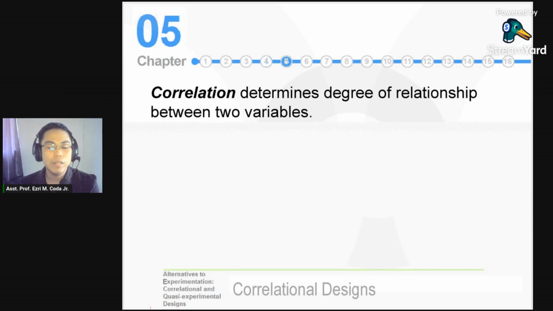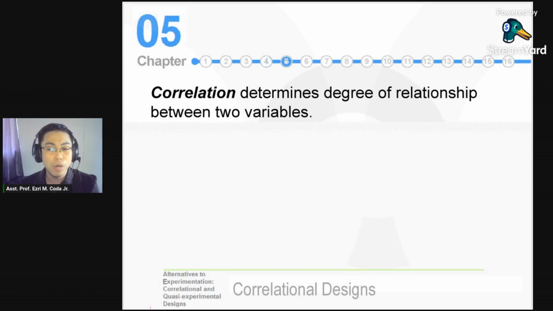Now, correlation, in summary, determines the degree of relationship between two variables. In a correlational study, when we have an IV and a DV, we are not saying that the changes in the traits, behaviors, or events in our DV are always attributable to our IV. Because we have no manipulation, and there are a lot of factors in play that we cannot control because we are not doing an experiment.